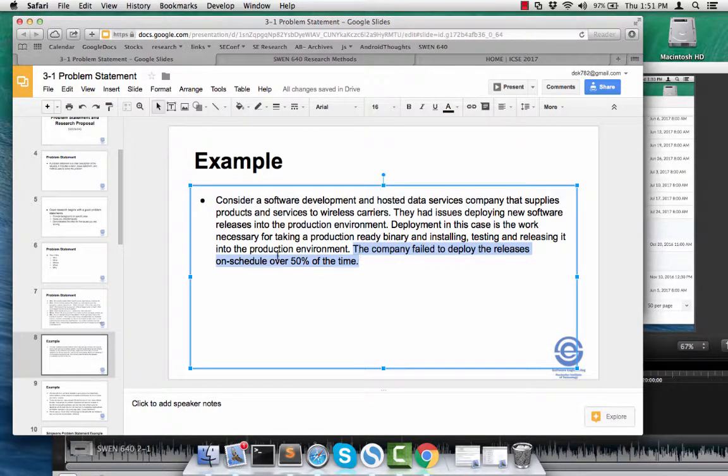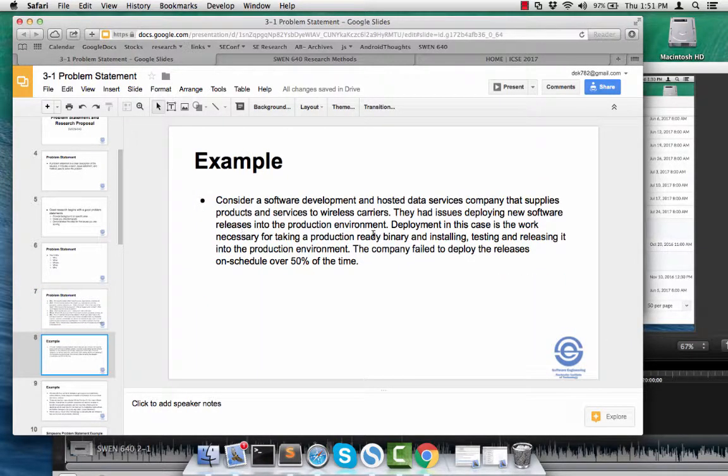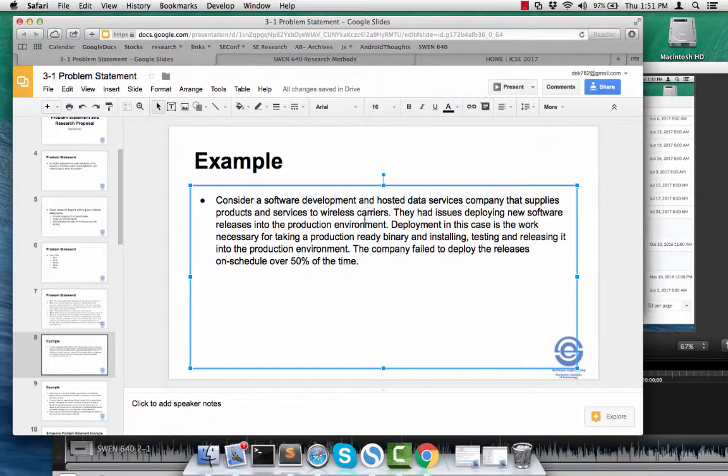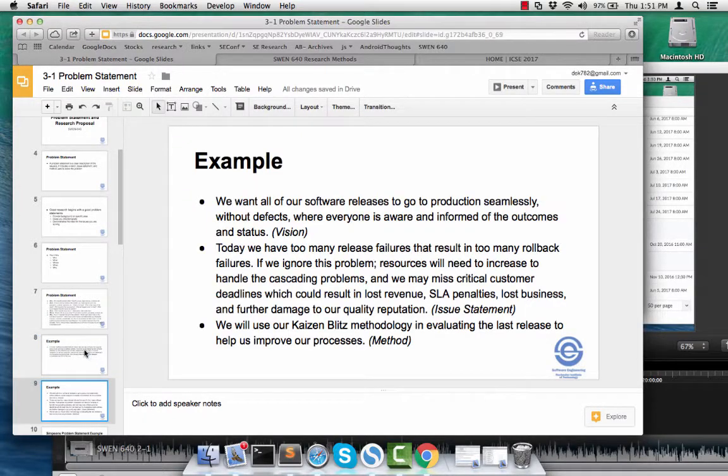It's failed to deploy the releases on schedule 50% of the time. And in this case, the deployment is necessary for testing releases in the production environment. So that would include the when. So this would be an example of a good problem statement.